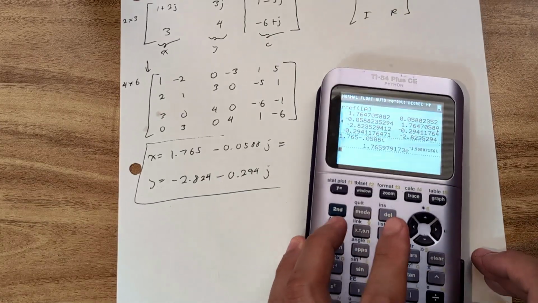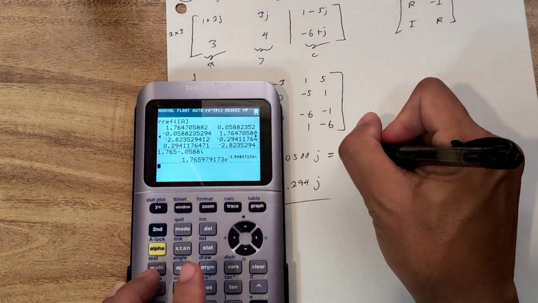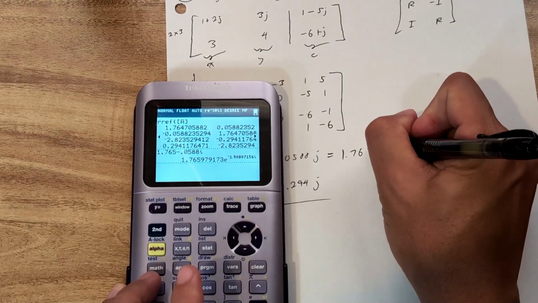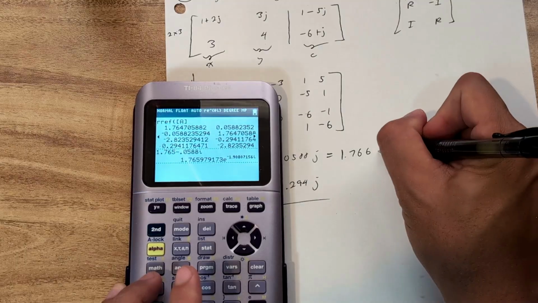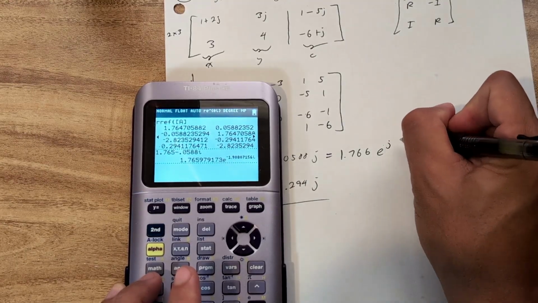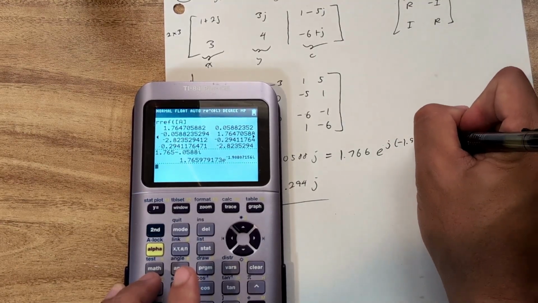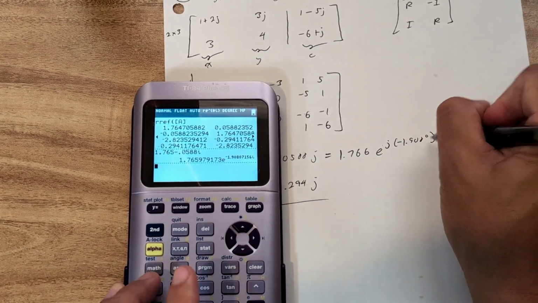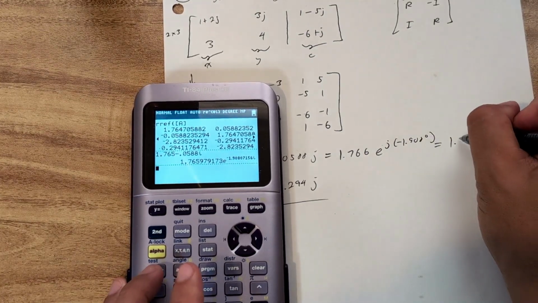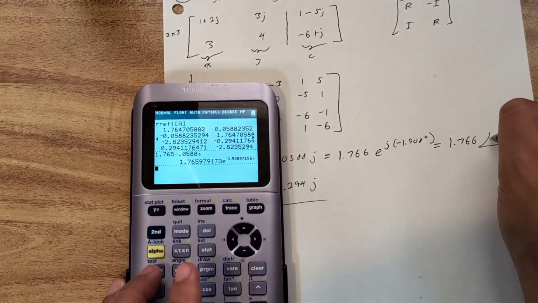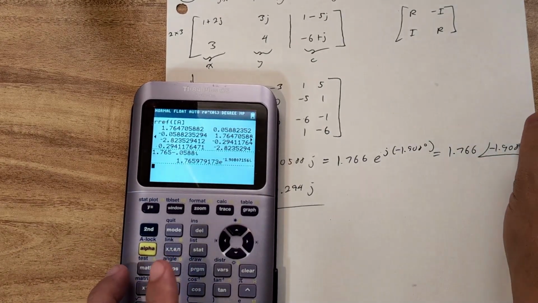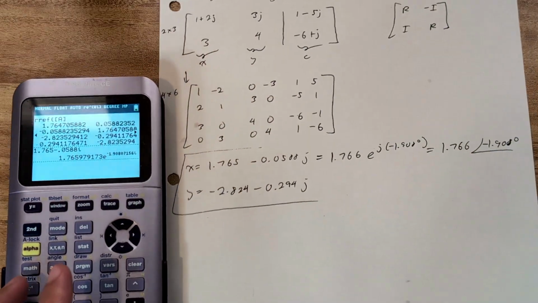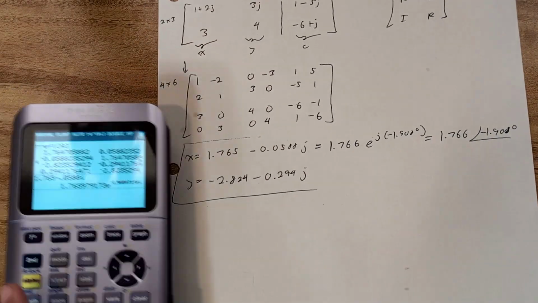And your polar form is 1.766 E J negative 1.908 degrees, or in shorthand form, 1.766 at negative 1.908 degrees. That is your answer in polar notation or shorthand form.